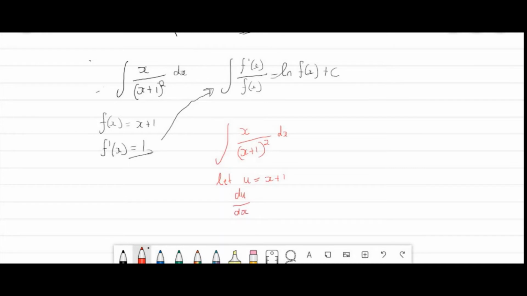If I differentiate u, I will have du over dx is equal to, when I differentiate x, I'll get 1, then when I differentiate 1, I'll get 0. So du over dx is equal to 1, that means du is equal to dx.